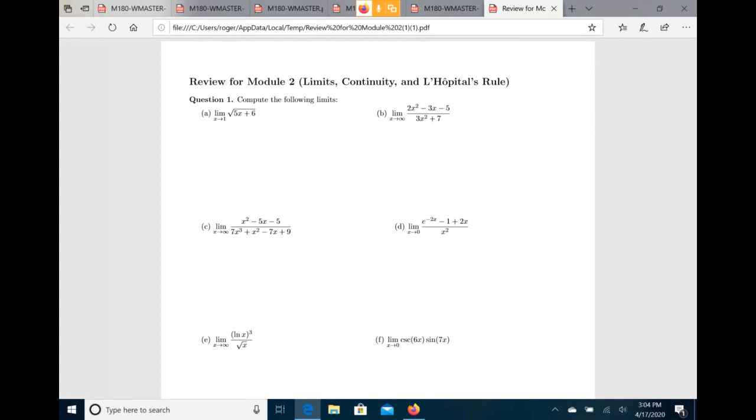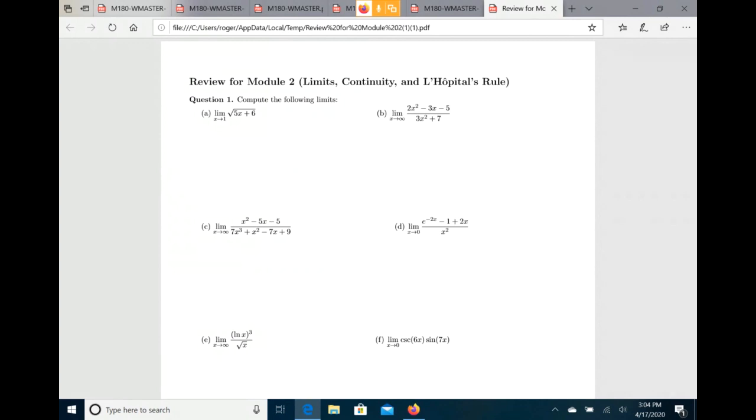Okay, so the first one is the limit as x approaches 1 of the square root of 5x plus 6. How do you think we do this? Very good, Matt. Just plug it in. There's no issue here, right? I'm not dividing by 0, so there's not really much of a problem.